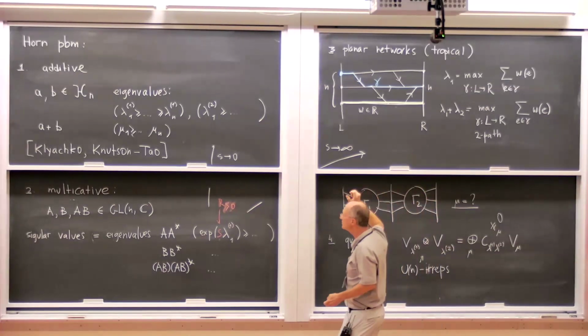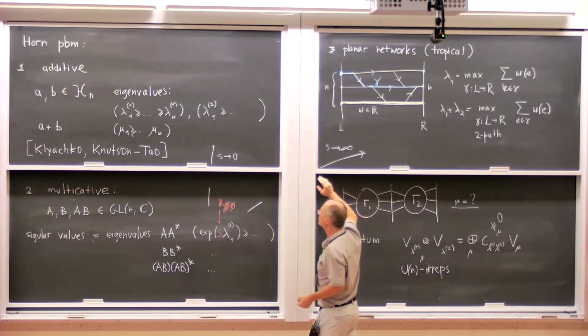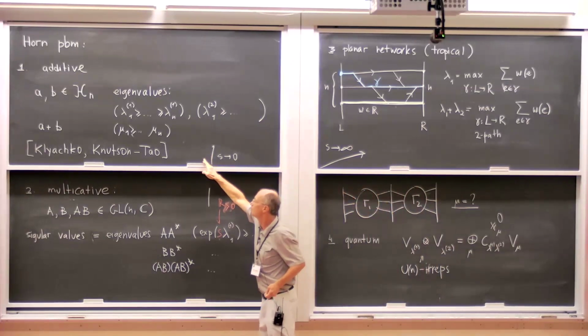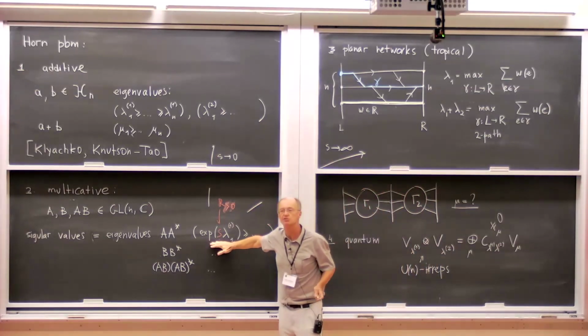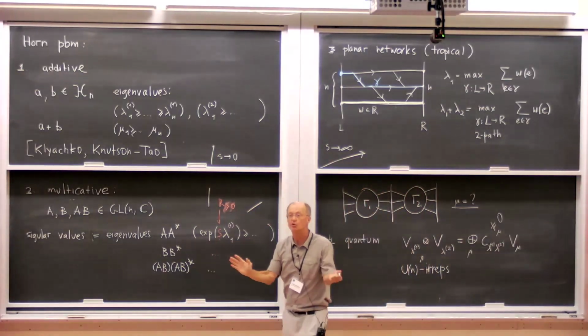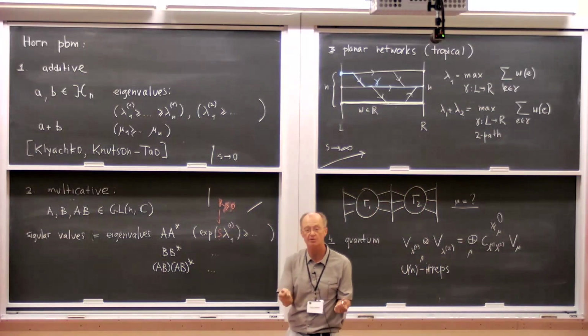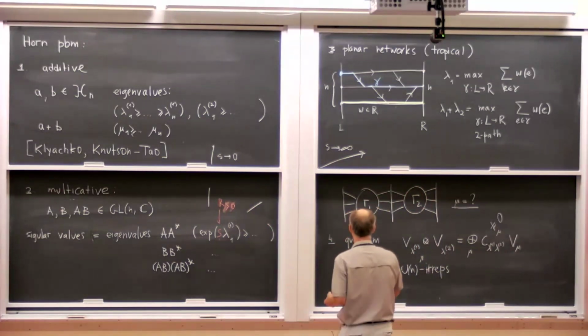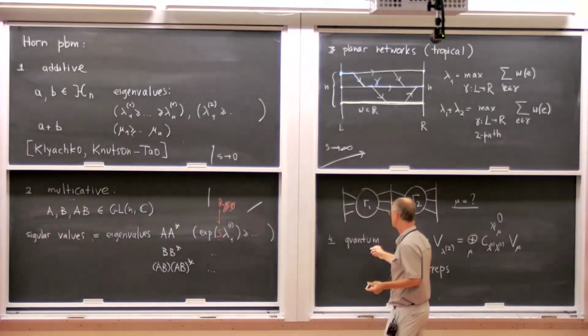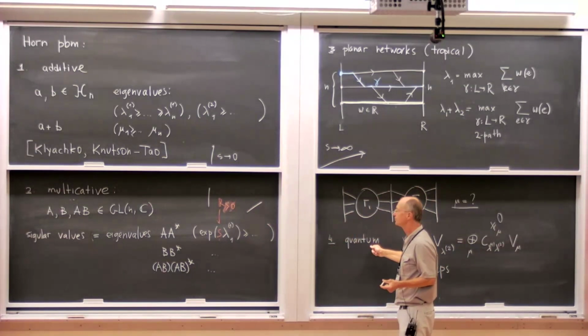So in some way, one can say that problem number 1 and problem number 3 are some kind of limit cases of problem number 2. Even though we know they all have the same solution, it's going to serve us in what follows. Now, the quantum problem is, again, a lot more tricky.